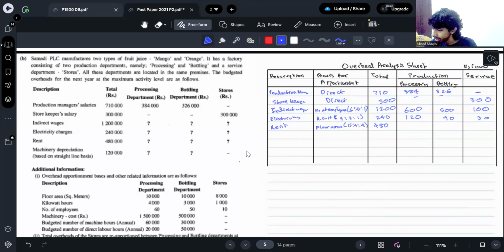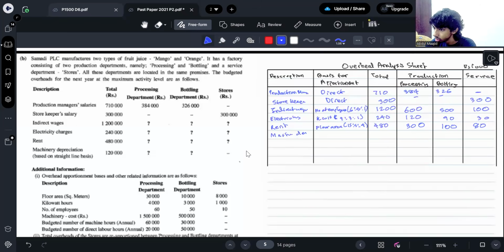That's the lowest you can divide it. If you divide everything by 2000, you get 15:5:4. You can't divide it further. So the total ratio is 24, then 480 divided by 24 into 15, 300, divided by 5, that is 100, and here 80. Okay. Then machine depreciation.